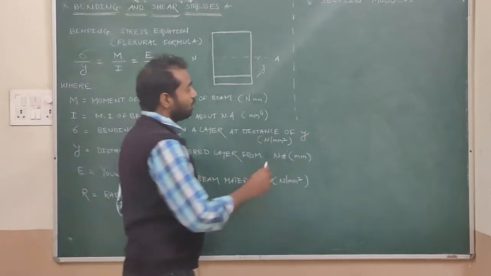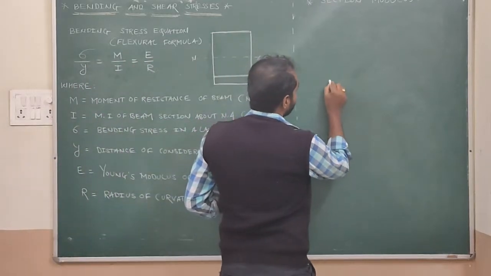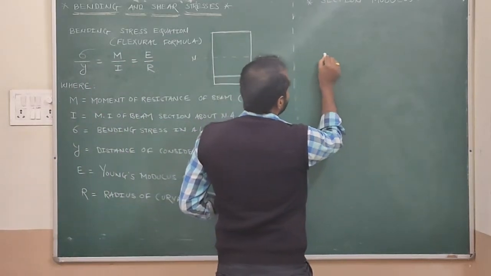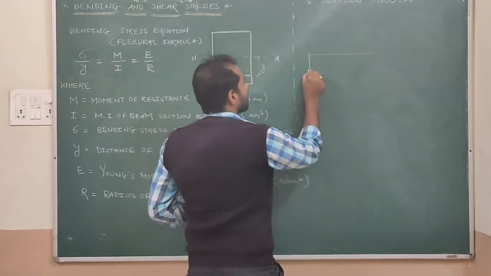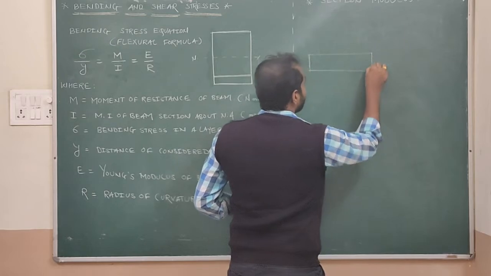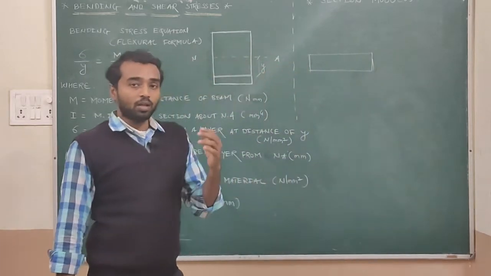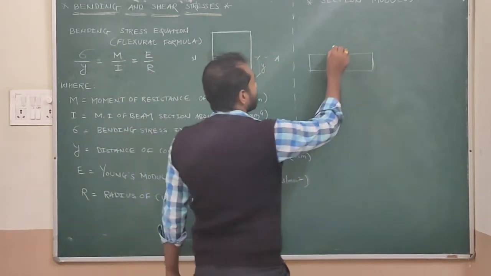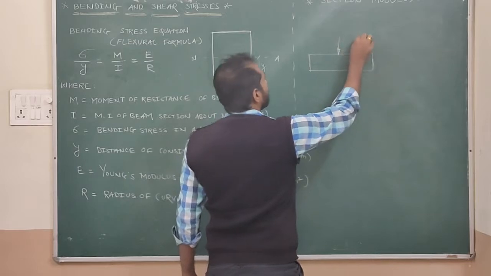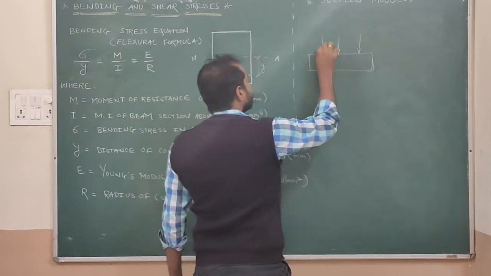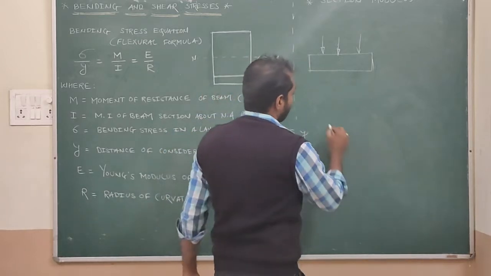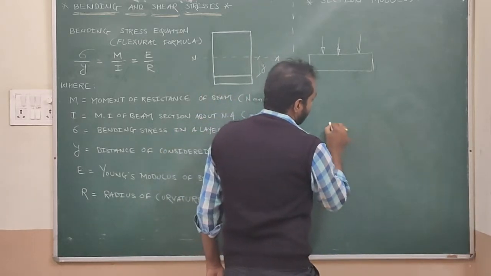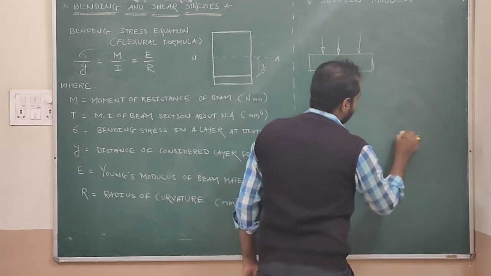Let's see. Now let us consider one simple beam here. If I am applying load on this beam, like this, now this beam will bend, so its bending pattern will be something like this.